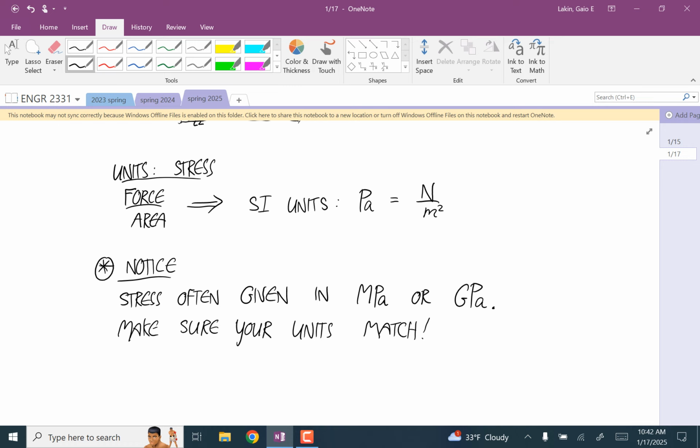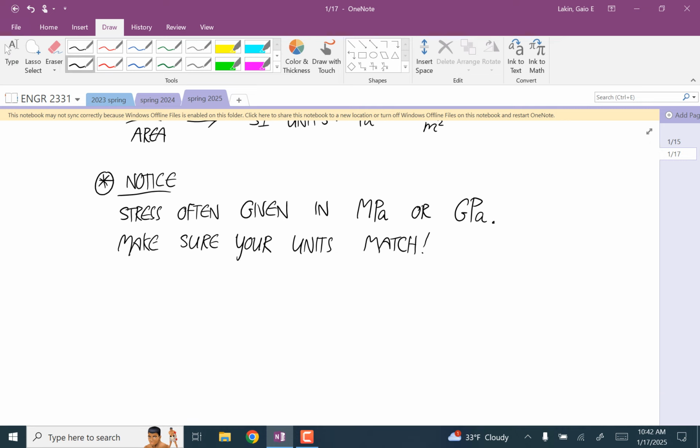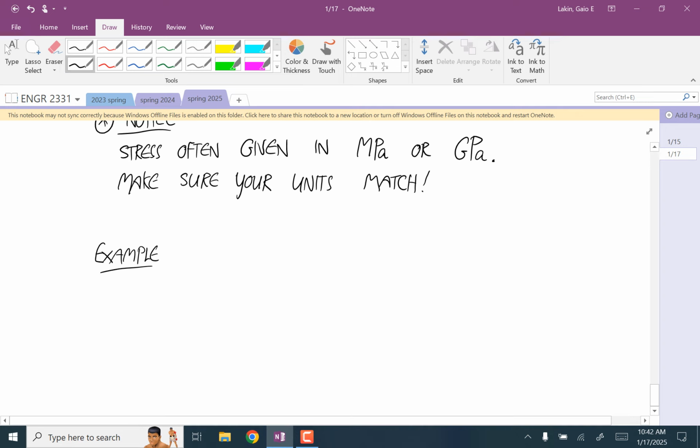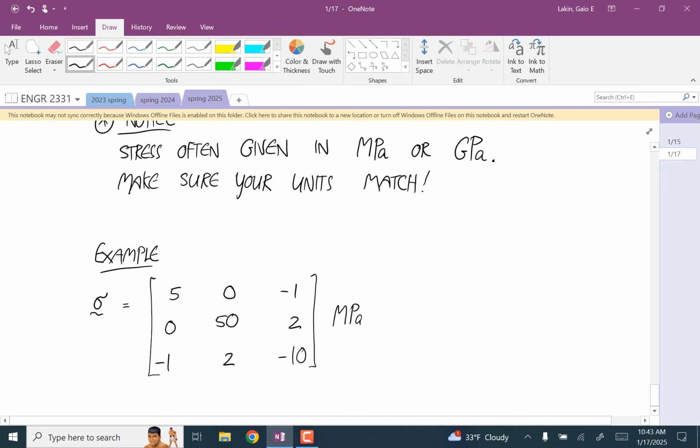So let me just do a couple examples of the kind of stuff you're going to be doing. Let's say we have a stress tensor of 5, 0, -1, 0, 50, 2, -1, 2, -10. And let's say this is in megapascals.